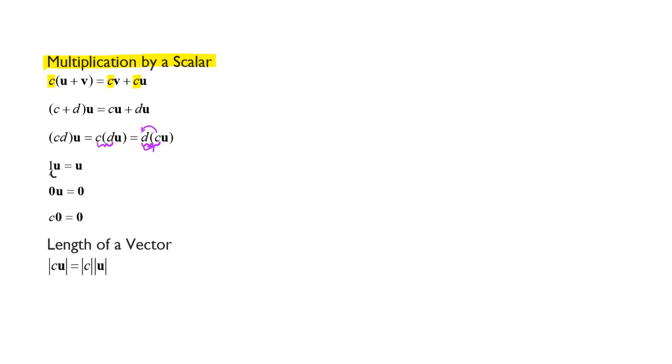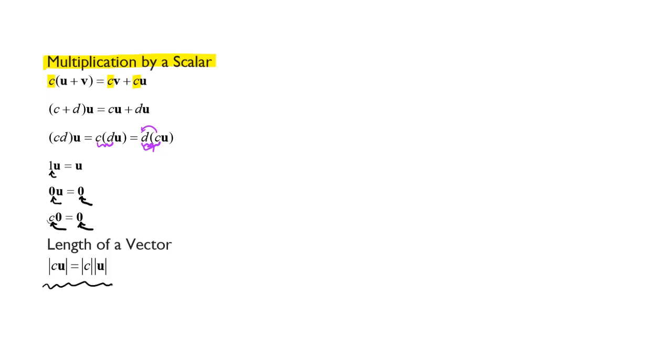Multiplying by a coefficient of 1 in front of the vector will not change the vector. Multiplying the vector by the 0 vector will give you a 0 vector, so no displacement. And if you multiply a scalar, C, times the 0 vector, you will still have the 0 vector.